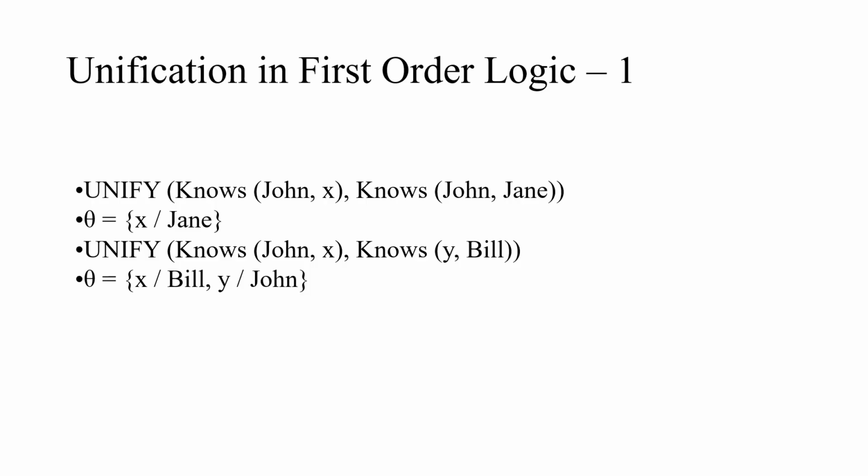The first statement is: unify Knows(John, X) and Knows(John, Jenny). Here we have the same name in the first position, but in the other position we have a name and a variable.